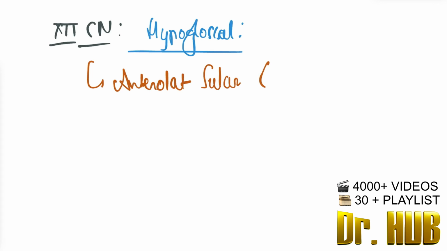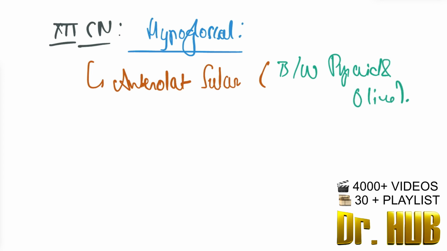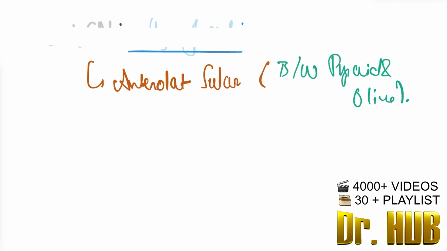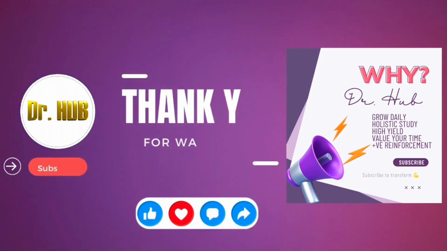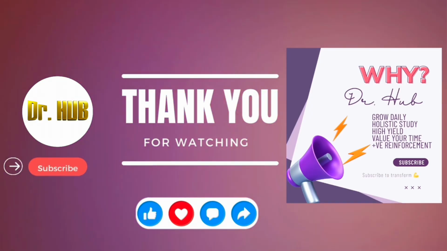And where is it present? It is between the pyramid and the olive. So the 12th is in the anterolateral sulcus, present between the pyramid and the olive.